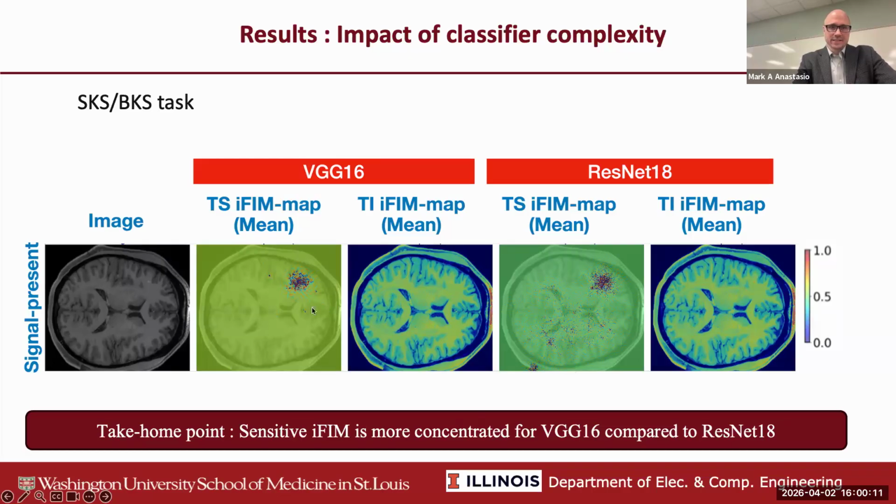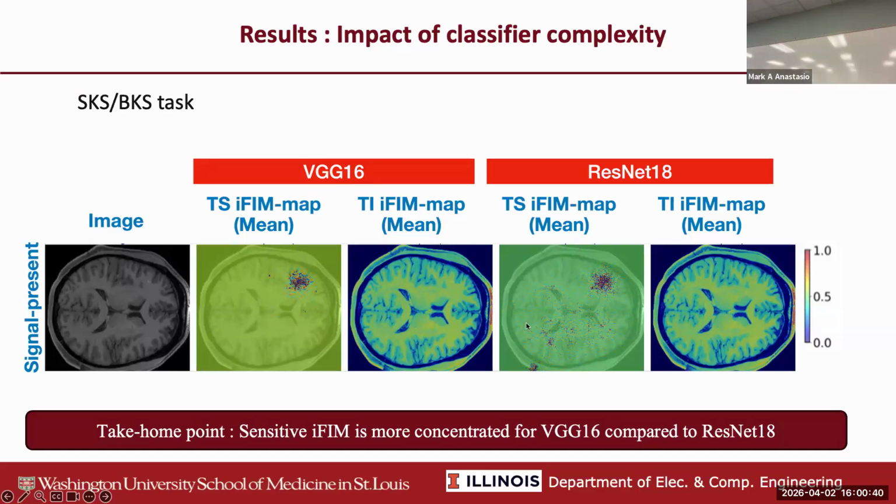In this case, you can see the informative map still lights up near the signal location, but it's not just a clean little blob. It looks like the classifier was extracting information around the neighborhood of that signal blob as well. For the VGG16, most of the energy in the task-sensitive map is still localized around the signal. But if we go to the ResNet 18, which is a deeper network, there's still a lot of action around the signal, but there is also a lot of action elsewhere.